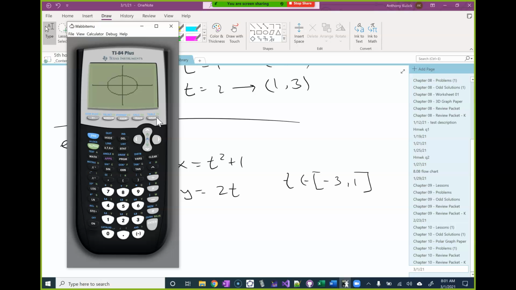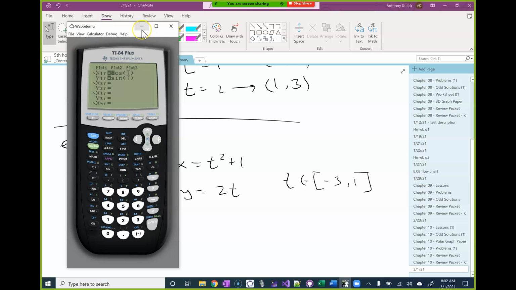Well, it's invalid. Oh, one other place we could check. If you go to the y equals, are any of these plots highlighted? Up at the top where it says plot 1, plot 2, plot 3. Unhighlight that and then try it again. You're welcome. Yes, sir.